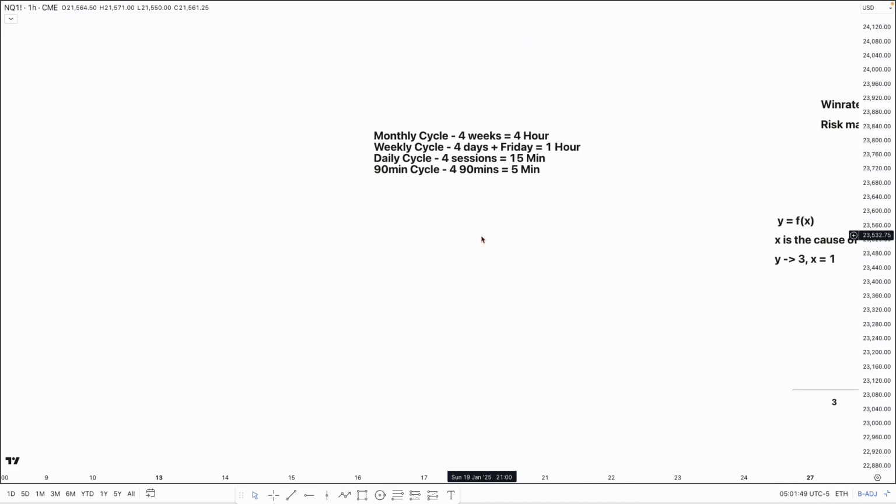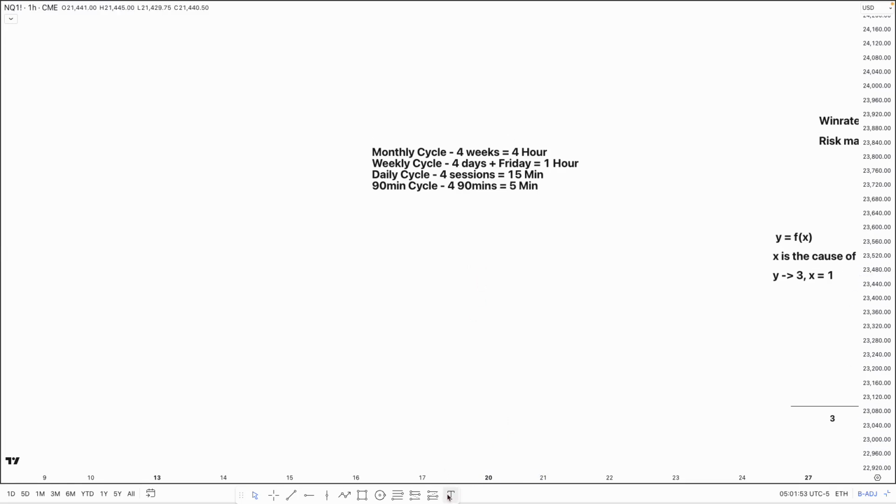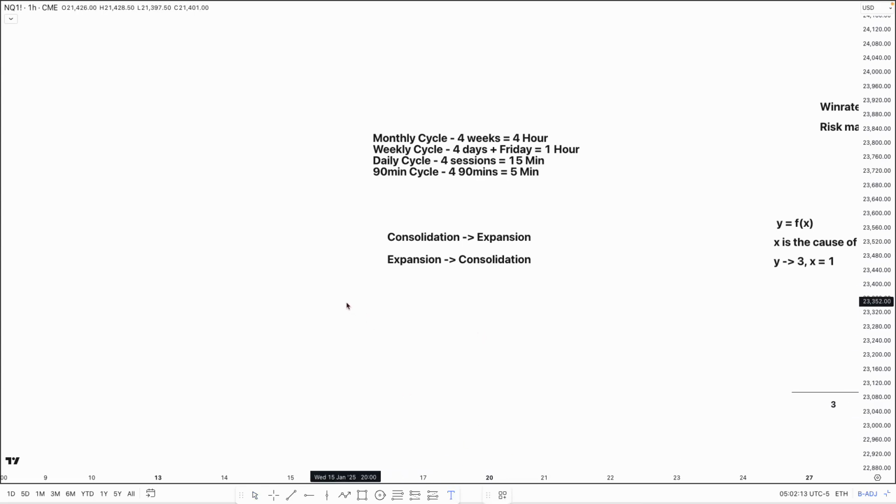What we will be using is understanding that expansion comes from consolidation and vice versa. Right? So expansion will also lead to consolidation, and we will use these in the first and second quarter. Right?